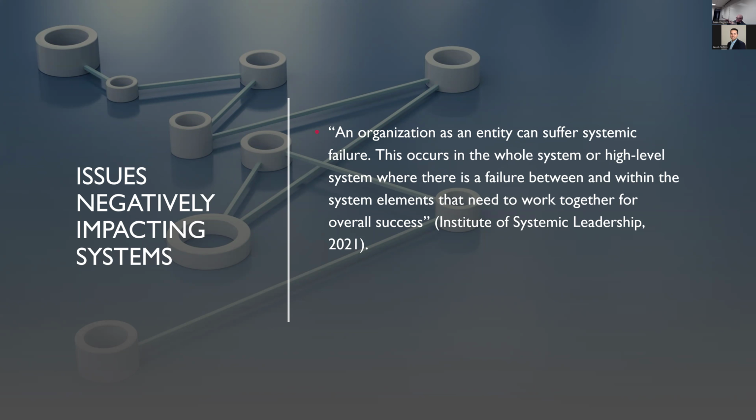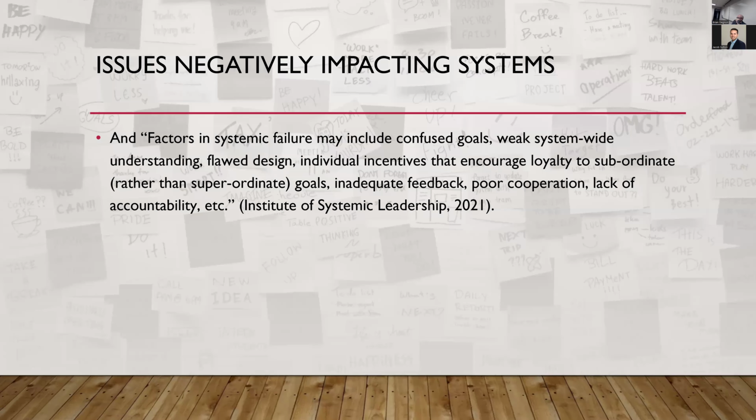The elements make up the system, but the interconnectedness is what makes that system be and do. You can have things that negatively impact a system. Factors in systemic failure may include confused goals, weak system-wide understanding, flawed design, individual incentives that encourage loyalty to subordinate rather than superordinate goals, inadequate feedback, poor cooperation, lack of accountability.